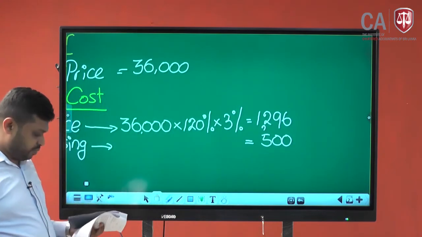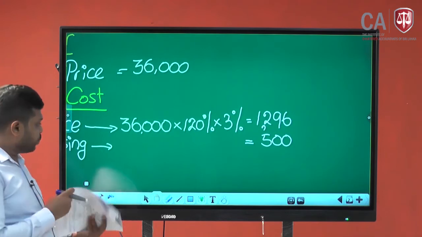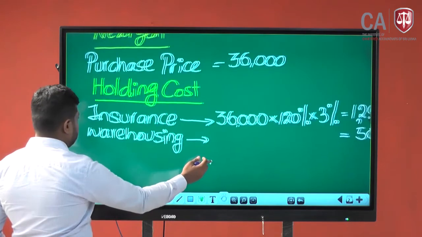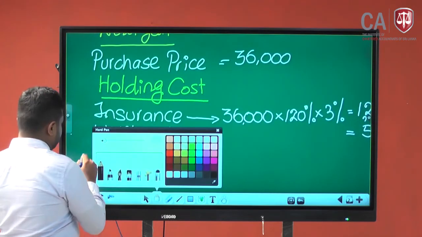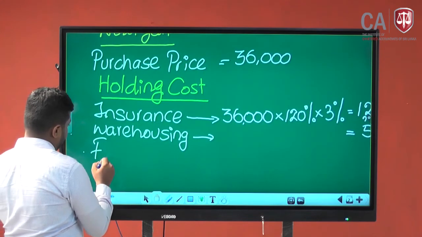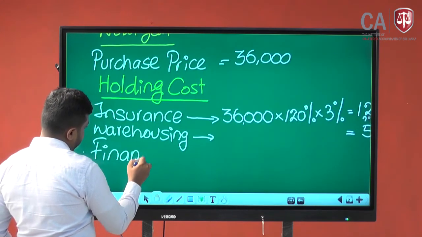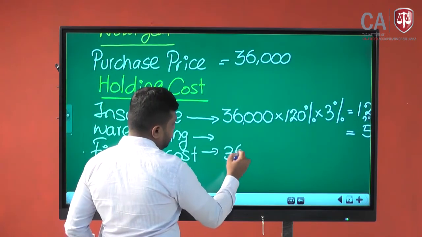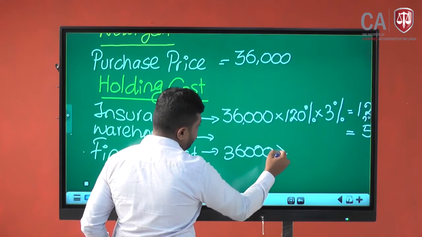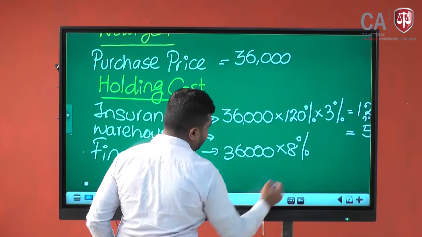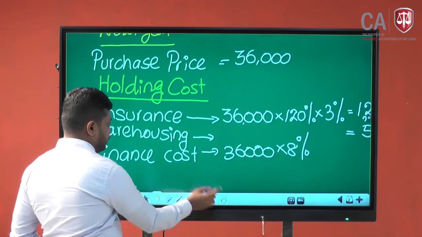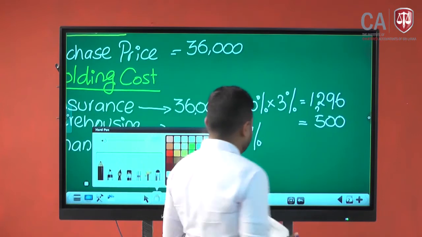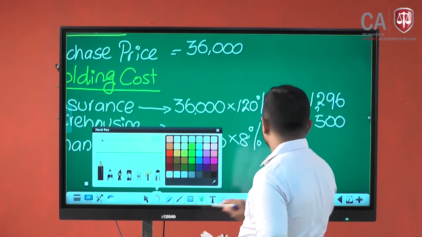Then finance cost. Purchase price 36,000, and out of that, 8% is the working capital financing cost. How much? It should be 2,880.